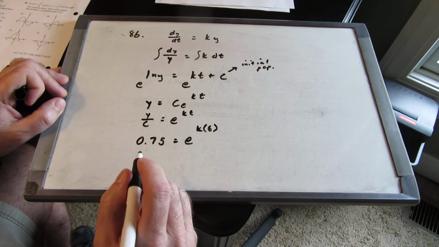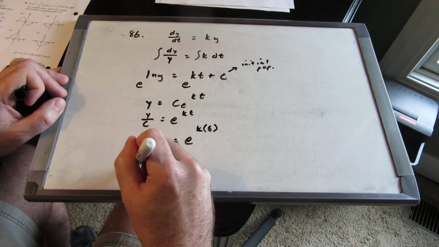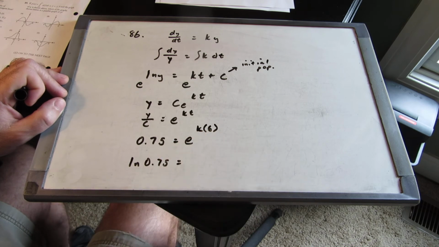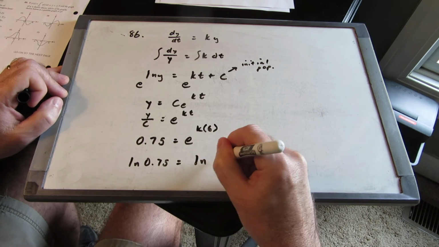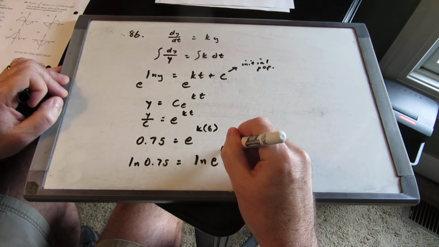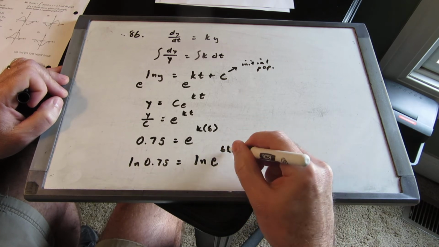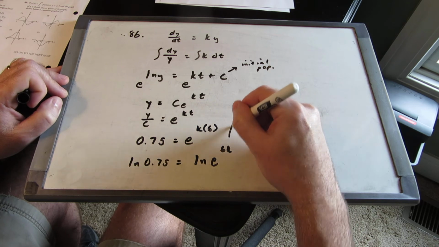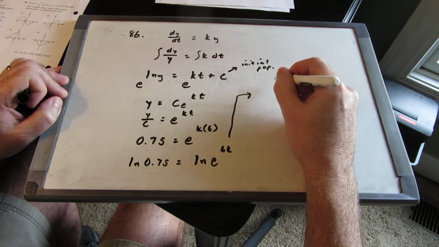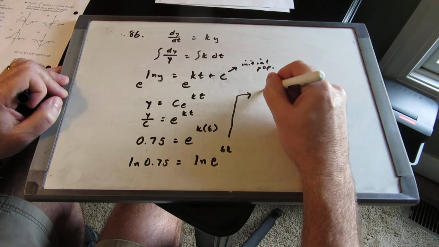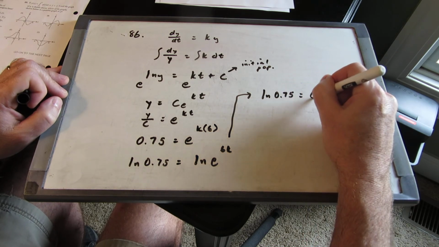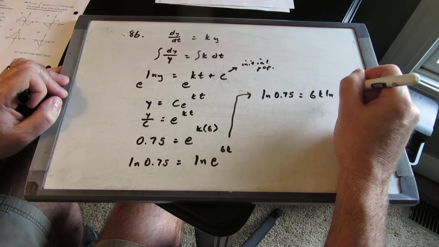Alright, so take the natural log of both sides. The natural log of 0.75 is equal to the natural log of e to the 6k. You can bring that 6k out front. Then I would have the natural log of 0.75 is equal to 6k times the natural log of e.